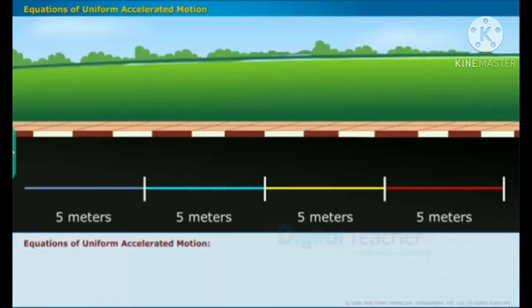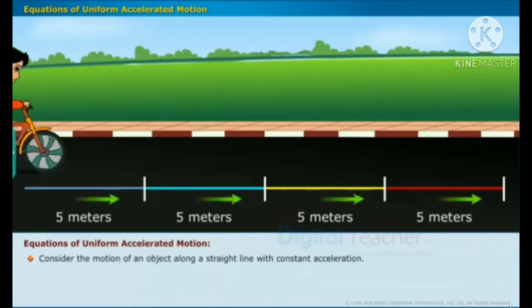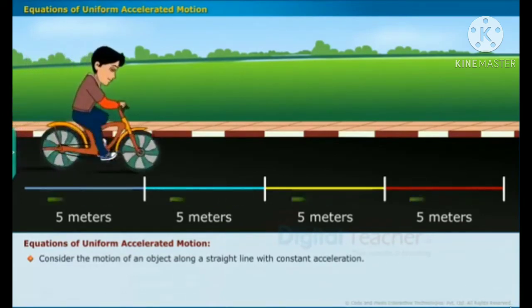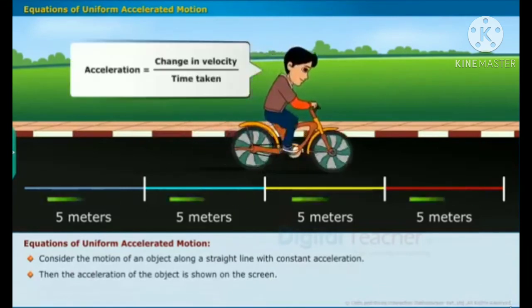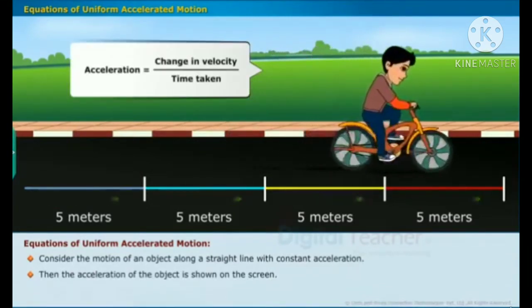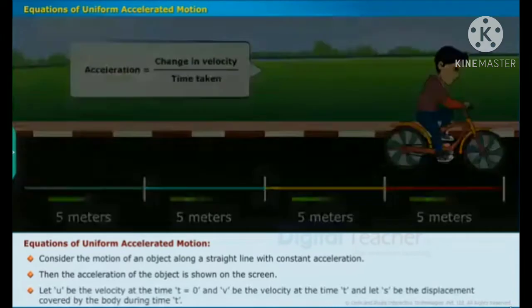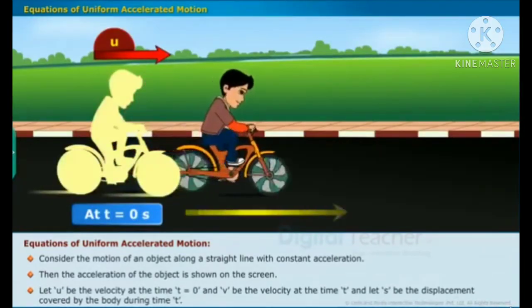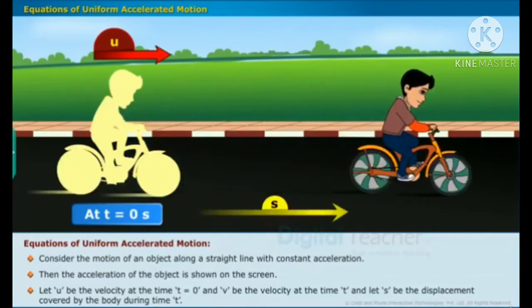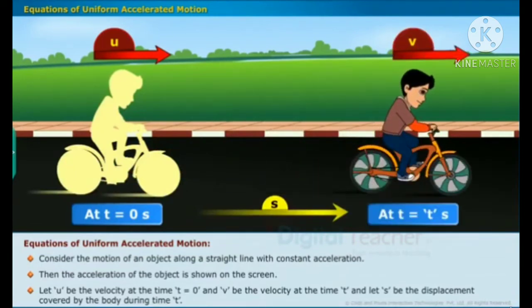Now, let us derive the equations of uniformly accelerated motion. Consider the motion of an object along a straight line with constant acceleration. Let u be the velocity at time t equal to 0 and v be the velocity at time t, and let s be the displacement covered by the body during time t.